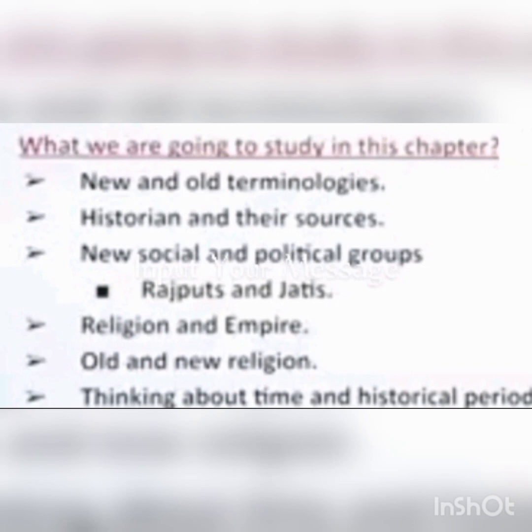Moving forward to the topics we are going to cover in this chapter: the new and old terminologies we are using right now, in the ancient period and in the medieval period.